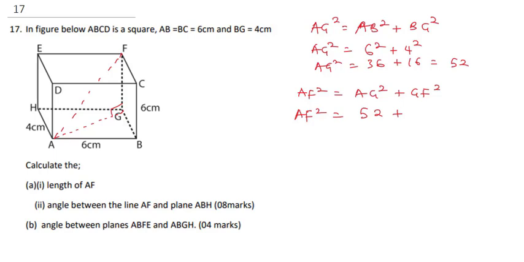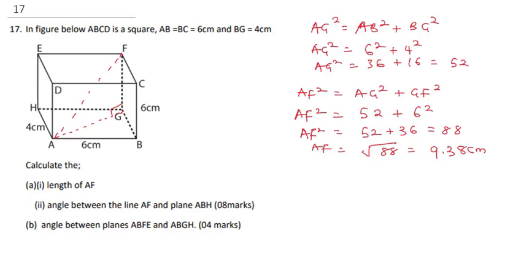Then GF is a height of 6, squared. So AF square is 52 plus 36, which gives me 88. For me to find my AF, I need to take the square root of 88, and this is going to give me 9.38 cm. And as easy as that, you can solve for AF.